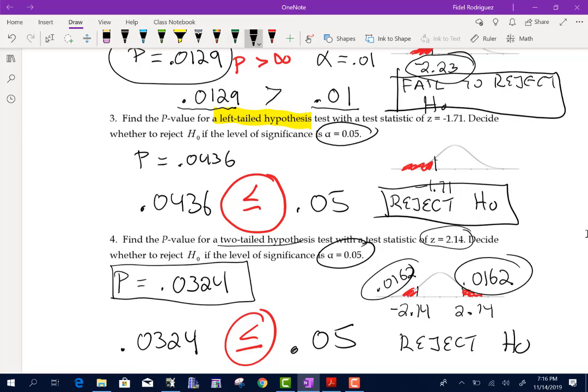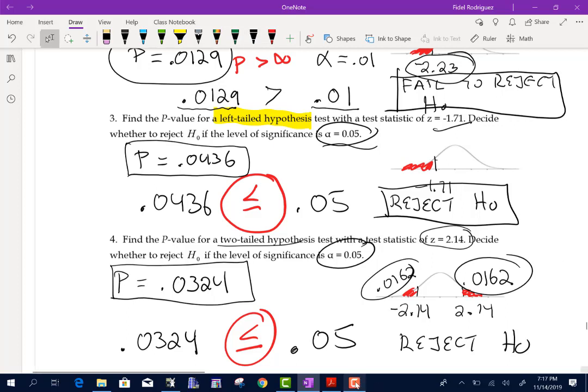So our z-value was negative 1.71. So didn't we go normal CDF, negative all the 9s, all the way up to negative 1.71 so we could find our p-value? And then we compared our p-value to our alpha. And again, if we think about this, this is a little bit more than 4 cents. This is exactly 5 cents. So 4 cents is smaller than or equal to 5 cents.